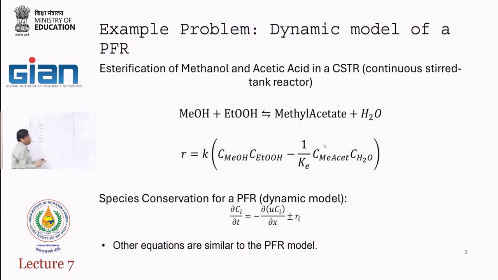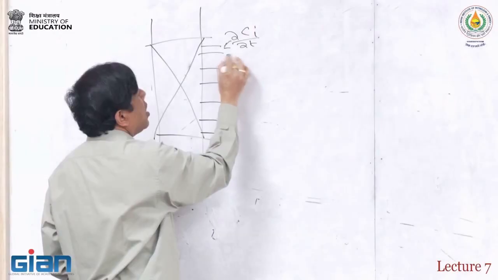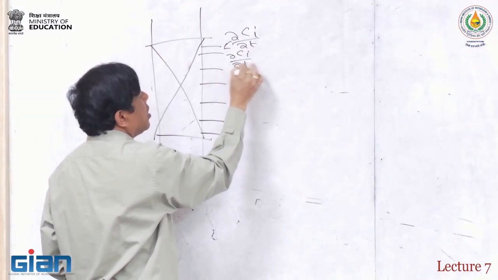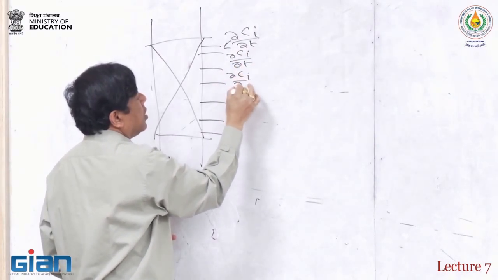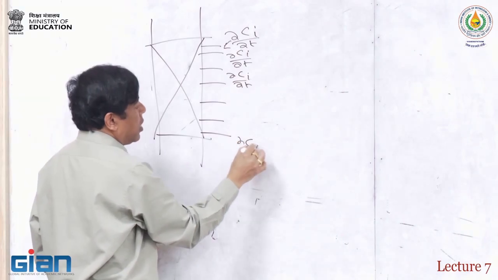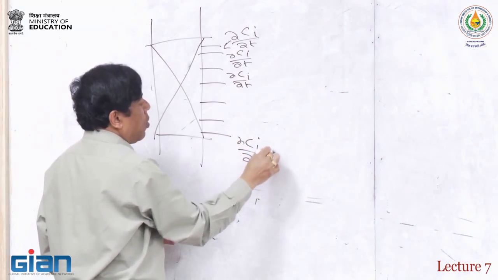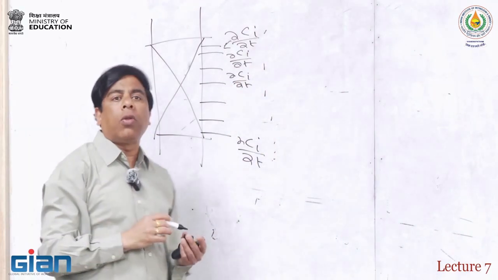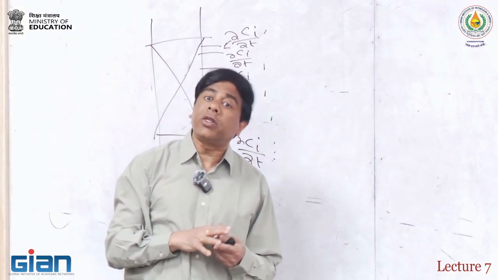So I need to solve this problem at each of the locations: dci dt here, dci dt here, dci dt here, dci dt here. At all of these locations I need to solve the same problem because I discretized it.